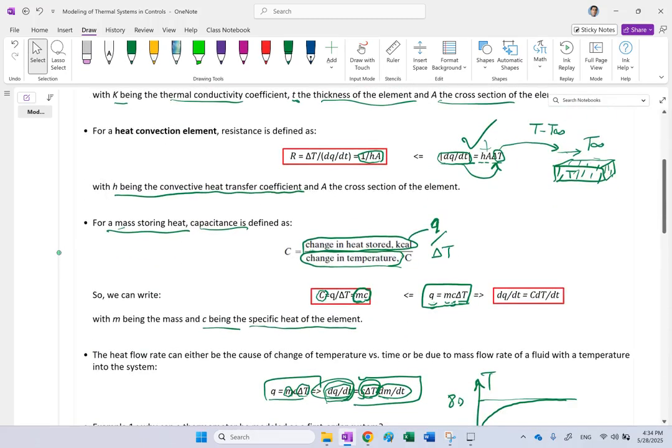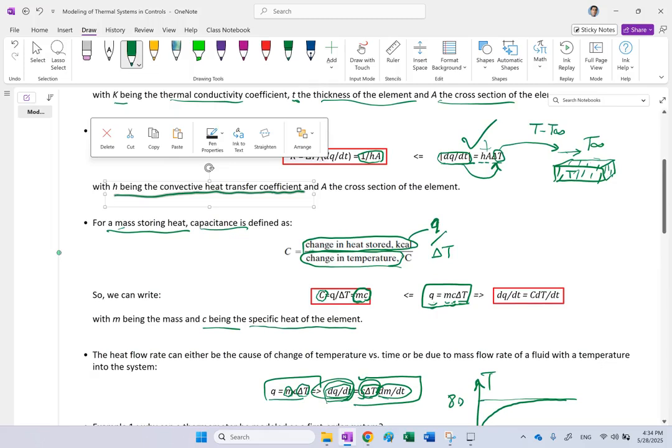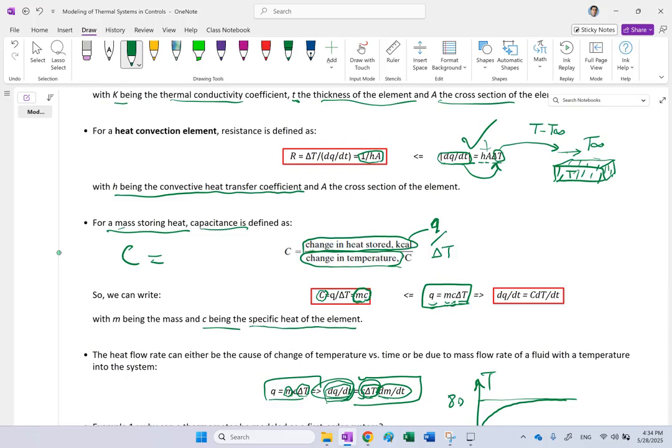If you look at the formula of capacitance, you see that C is Q over delta T, or if you look at it in terms of small changes, C is equal to dQ over dt divided by delta T. So if you cross multiply, you see that the heat rate is capacitance times the change in temperature.